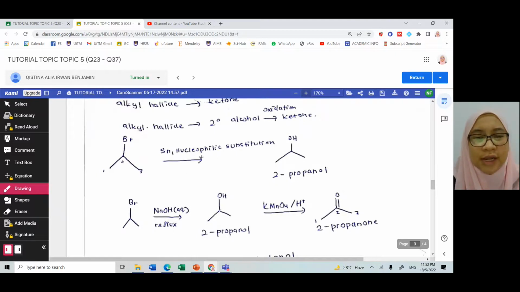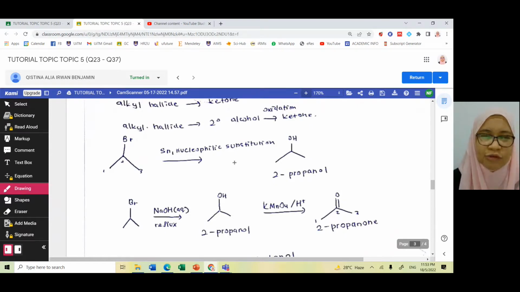This is just to highlight the nucleophilic substitution, the type of reaction. This is the reagent used. Br reacts with sodium hydroxide in aqueous, under reflux, to replace the Br with OH. Then this OH, this is alcohol, will undergo oxidation reaction and finally produce 2-propanone.